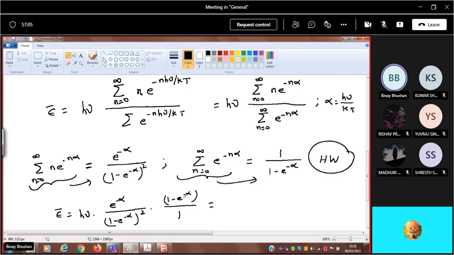So 1 minus e to the power minus alpha will cancel. So this will be equal to h nu e to the power minus alpha divided by 1 minus e to the power minus alpha. Right? Now if I divide numerator and denominator by e to the power minus alpha, then I will get h nu divided by e to the power alpha minus 1. I have divided numerator and denominator by e to the power minus alpha.